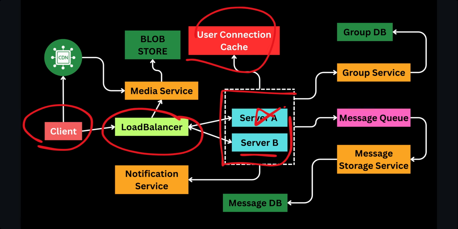The benefit of this is that we have minimal impact on the user. The reconnection might cause a brief connecting message, but no session data is lost from the server's perspective as it's externalized. This is highly resilient.